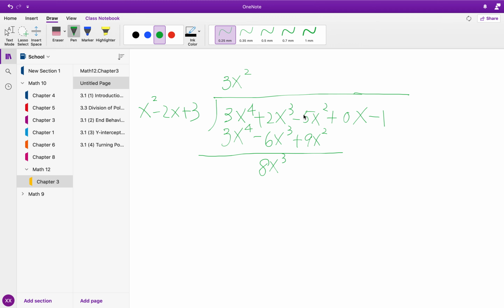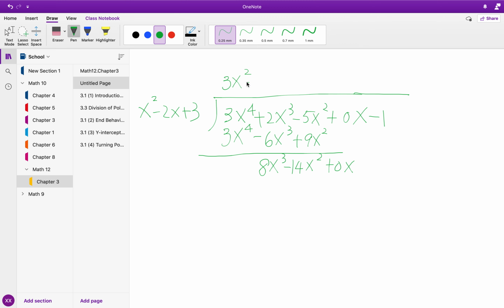becomes positive 6, positive 2, that is 8x to the power of 3. Now this one, subtract 9. So that means this will become negative 9, negative 5, negative 14x to the power of 2. Now pull this x down. So that is 0x. Now do it again. So now I have this one.